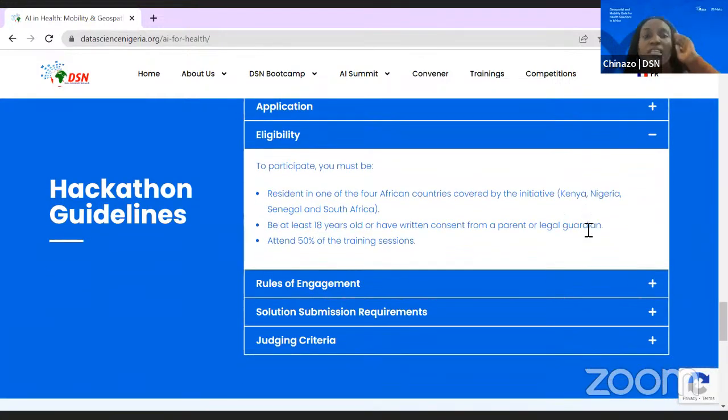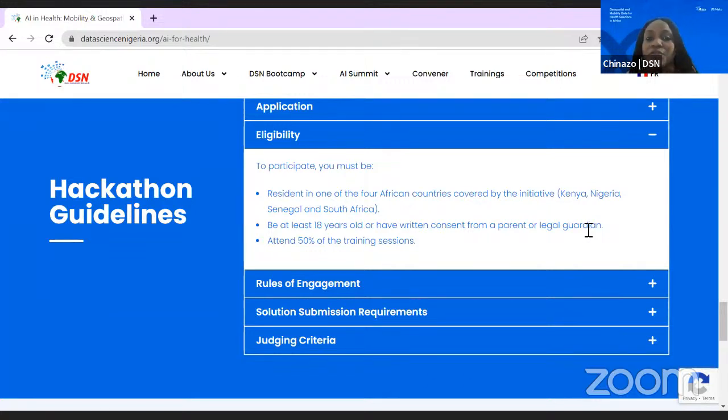So for eligibility, you must be resident in one of the 4 African countries. You must be building a solution for Kenya, Nigeria, Senegal, and South Africa. So it's important to understand the peculiar problems in these countries and build a solution for them. And then be at least 18 years old or have written consent from a parent or legal guardian.